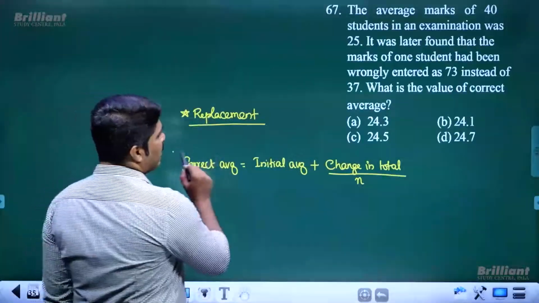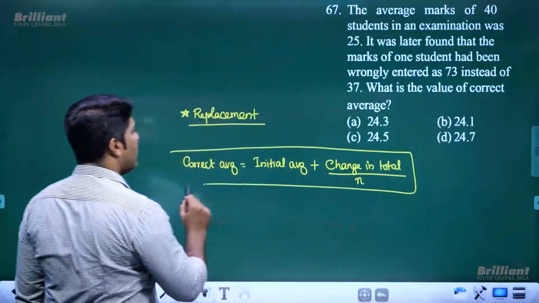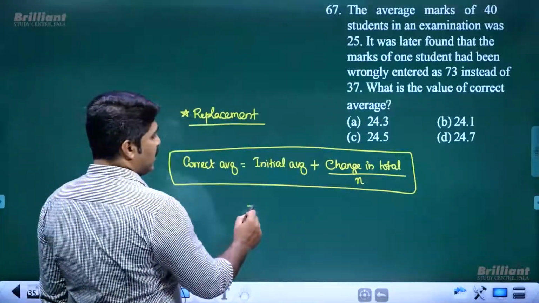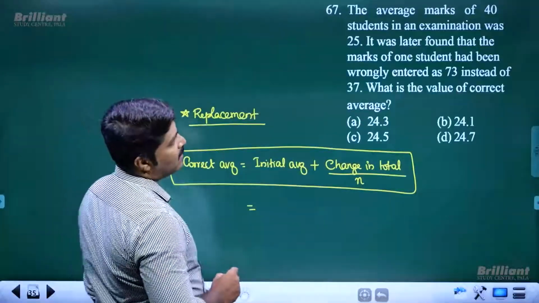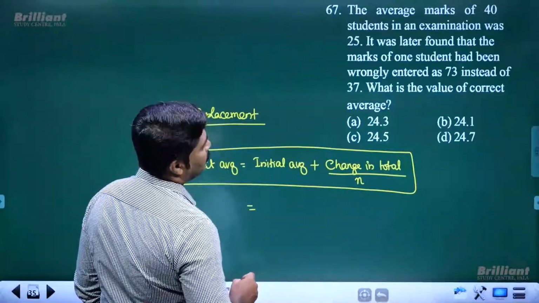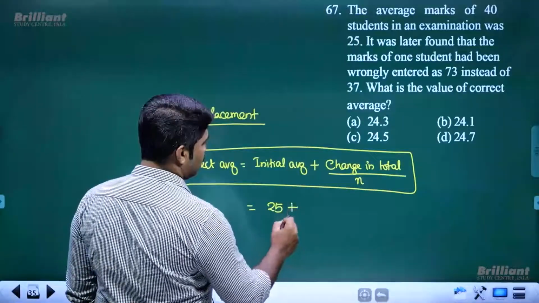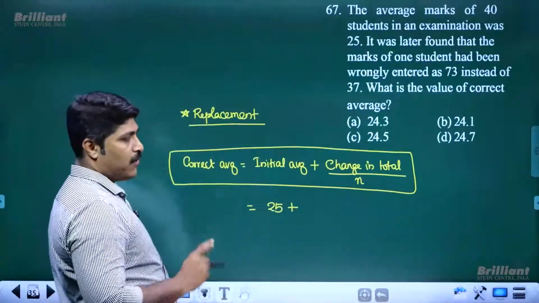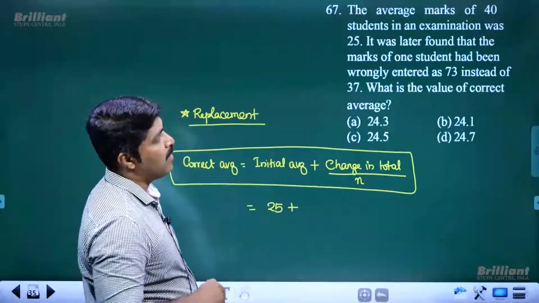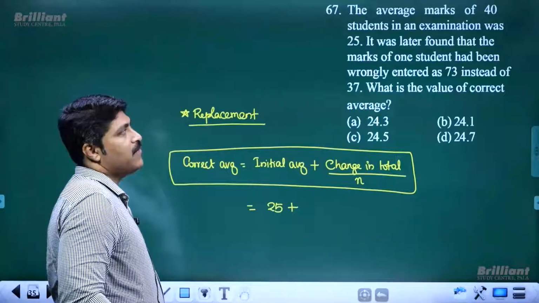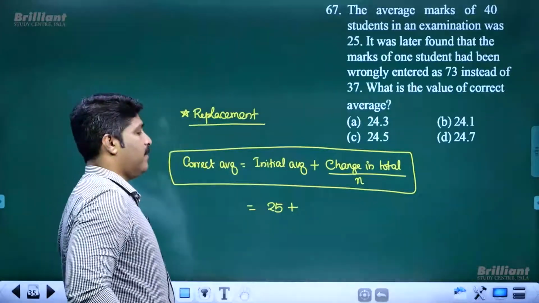So now I will explain how to find it. Here the corrected average is, what was the initial average? 40 students there. So the initial average is 25 plus what is the change that occurred here? Understand the change properly. Wrongly entered as 73, therefore this is actually 37.